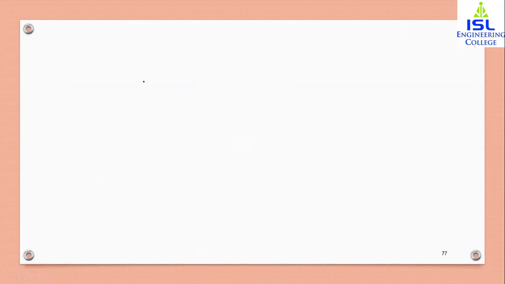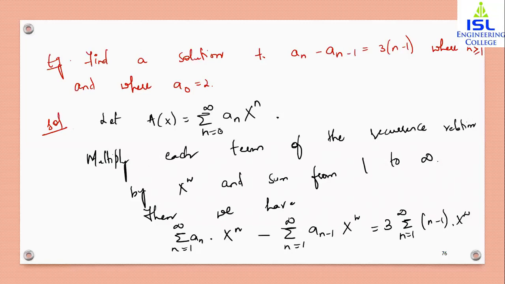Now how can we solve this? Replace each infinite sum by an expression of this A of x. We have already seen in the earlier session that here the series is starting from n is equal to 1, so we will first have a_1 x power 1.